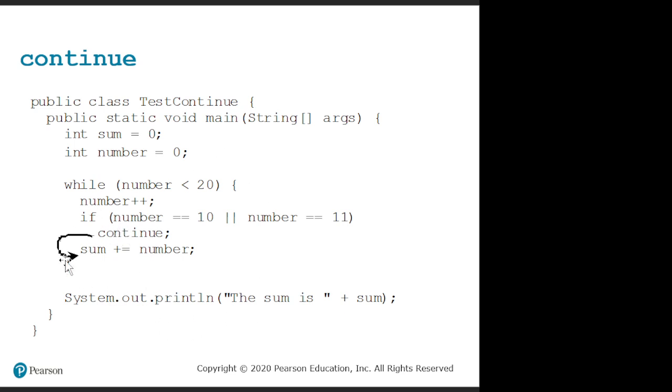So you don't leave the while loop, but you work your way to the very bottom of the block statement. So in this case, this continue skips the sum plus number, which puts us at the bottom of the loop.